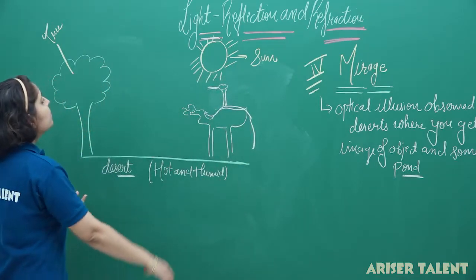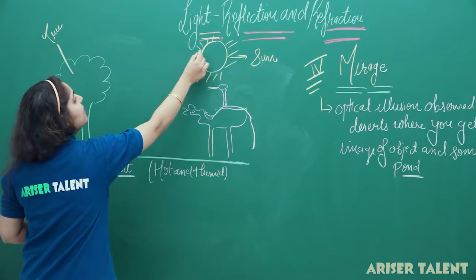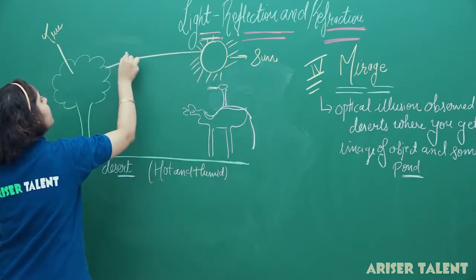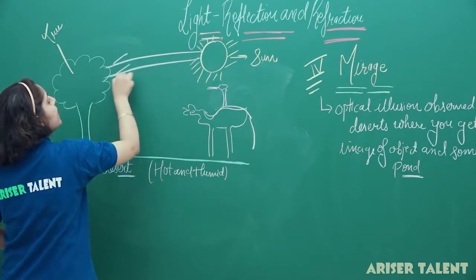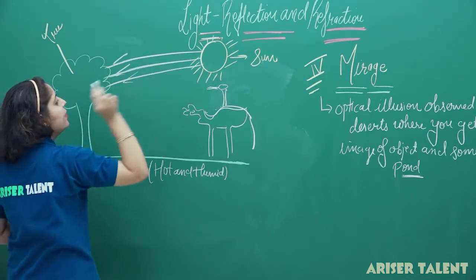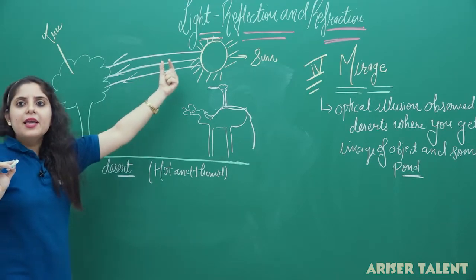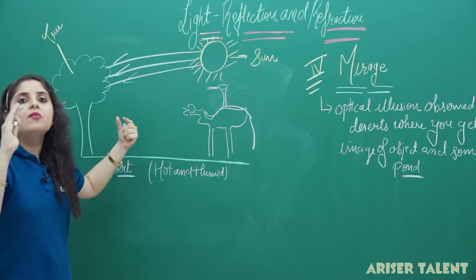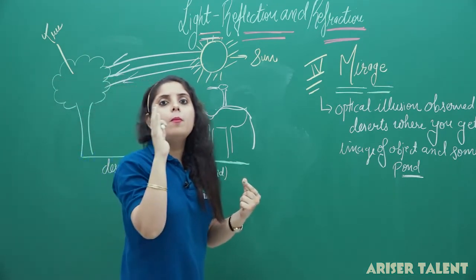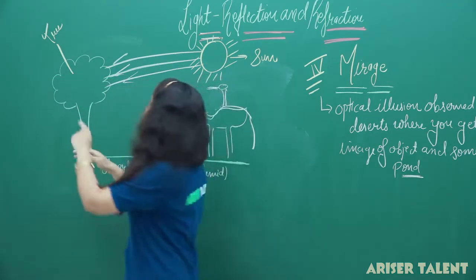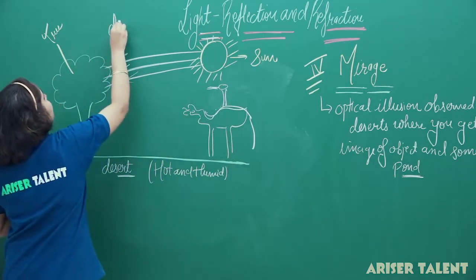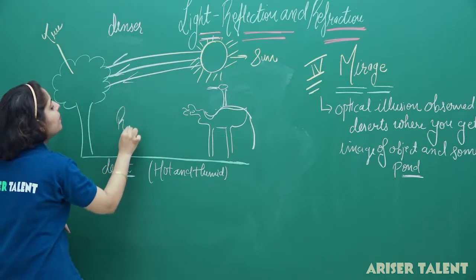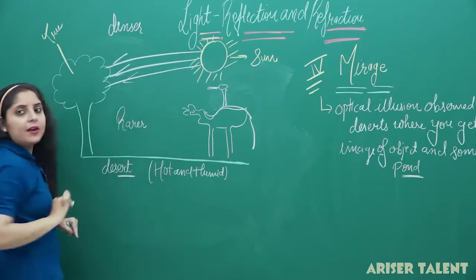Now, the rays of the sun are continuously incident on the tree. The ray of light is going to travel from a denser to a rarer medium. It means in the upper atmosphere the density is high, and as you go down the medium becomes rarer.